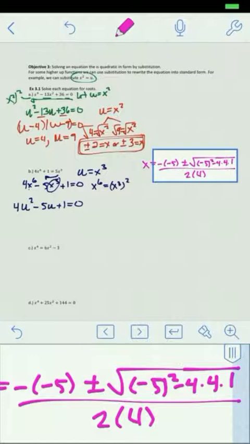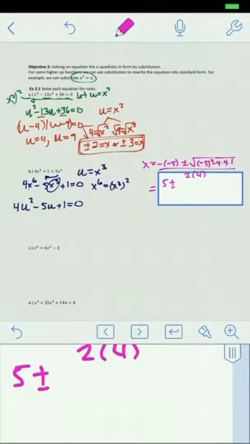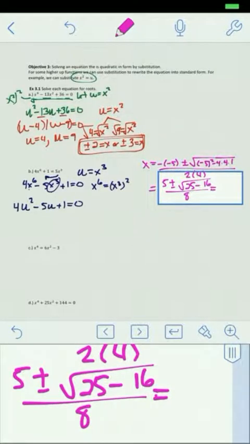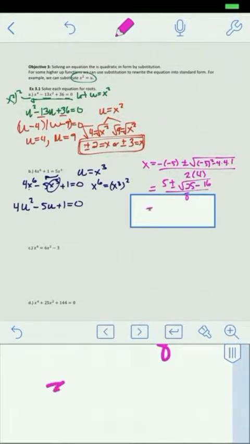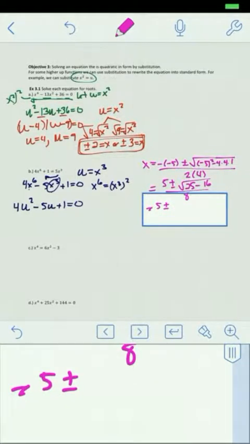When I do that, now I can simplify. So I have 5 plus or minus, see, 5 squared would be 25, minus 4 times 4 is 16, over 8. Down here we got 5 plus or minus, 25 minus 16 is 9, square root of 9 is 3, over 8.